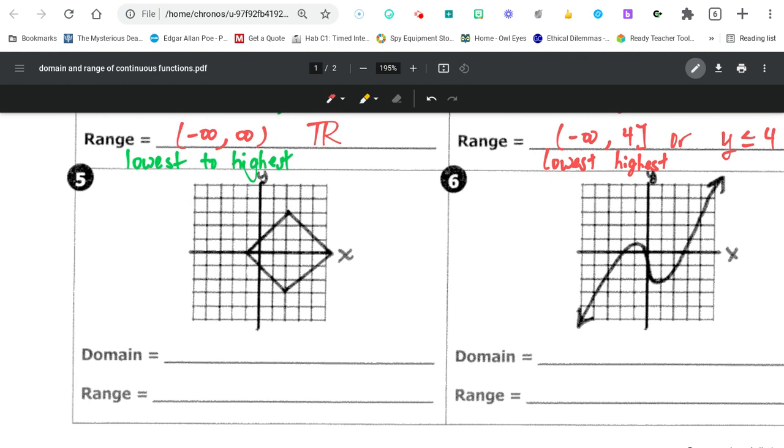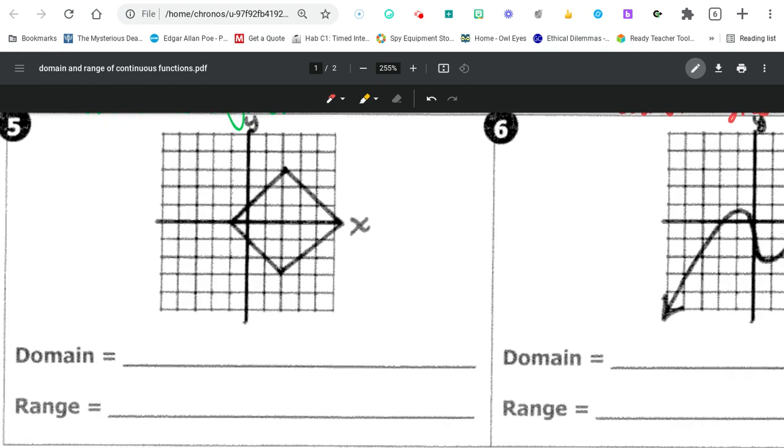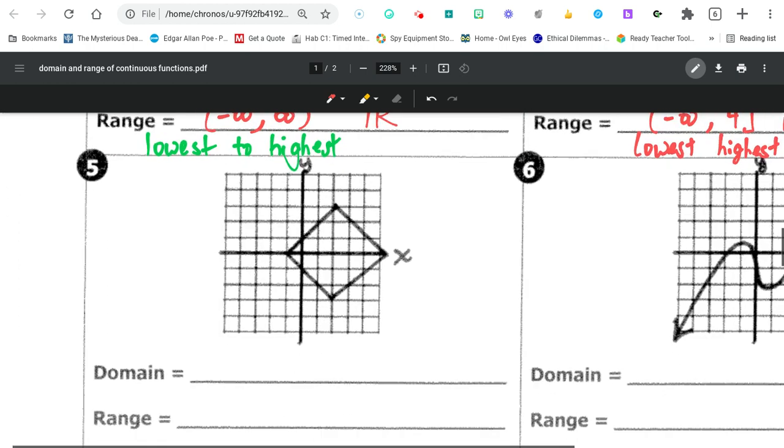Okay, let's take a look at 5. So if you take a look at 5, how far left does this thing stretch? Looks like it stops right there. And how far right? It stops right there.